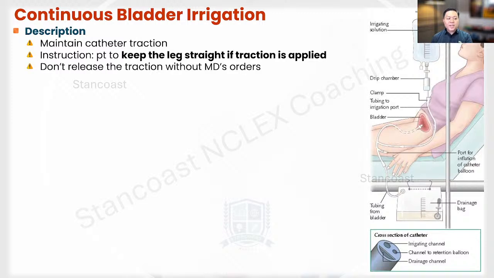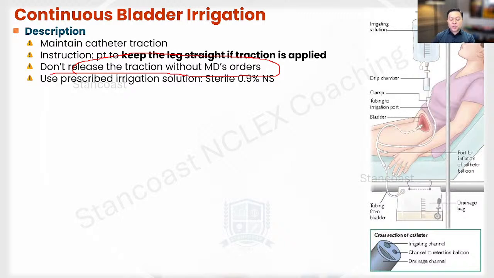Now, we are not supposed to release the traction without the medical provider's order. Do not do that. So make sure you get permission to do that, or make sure that you have a reason to release the traction, okay? Also, you have to follow the prescribed irrigation solution. Most of the time, this is going to be the standard irrigant, sterile 0.9% normal saline, okay?